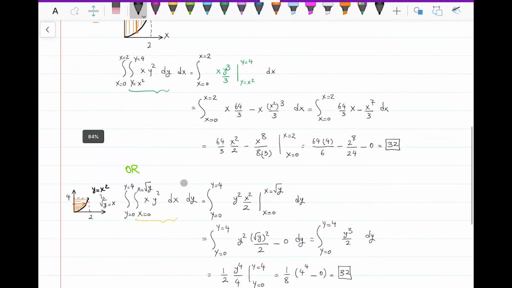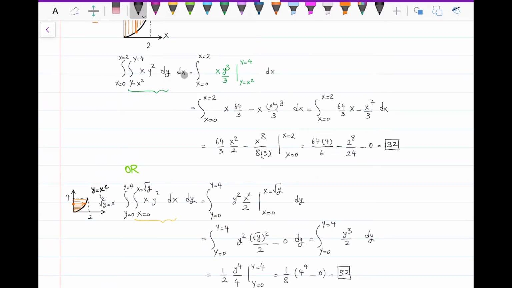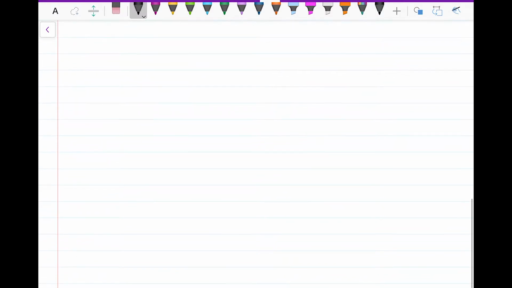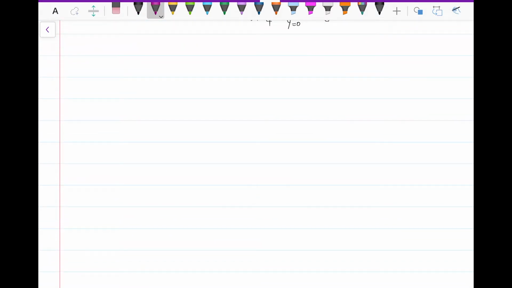One of them was dy dx, the other one is dx dy. Okay. These are the solutions for this example. Okay. Let's solve another example. So this is example 2.